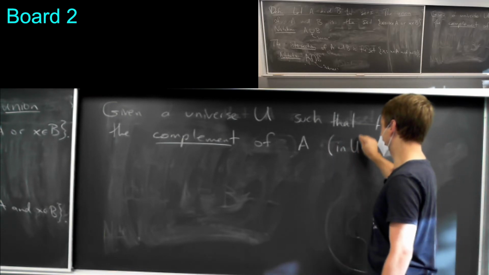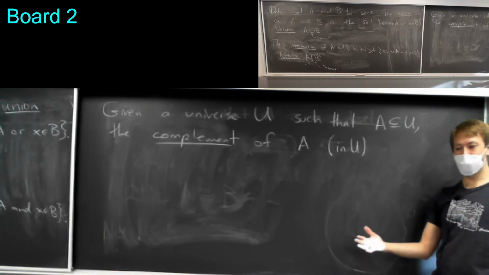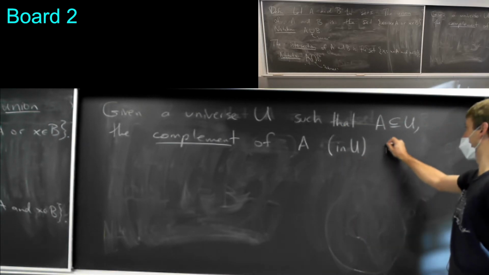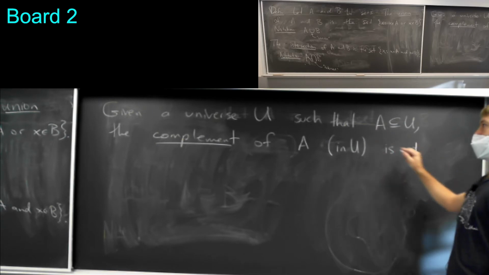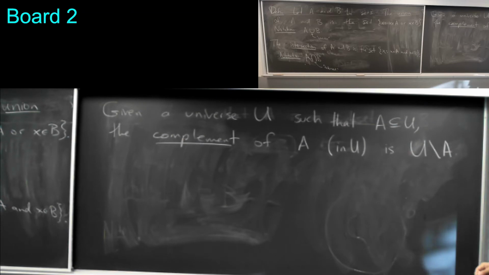But just for clarity, this is always the complement in that particular universe. So it depends on the universe as well. It's all the things in the universe which are not in A. So it's U minus A.